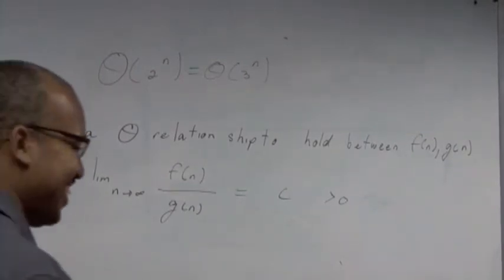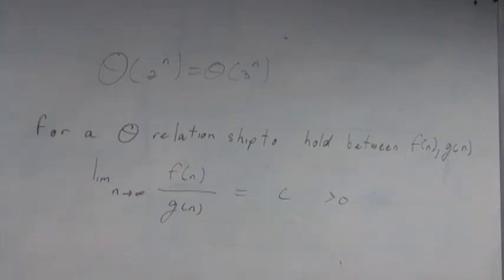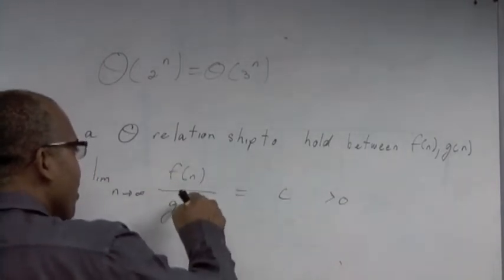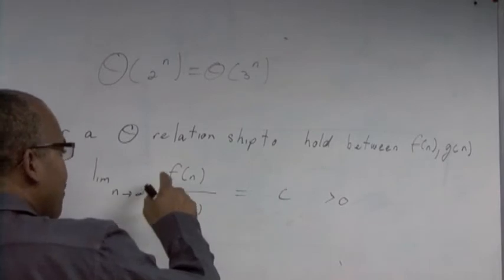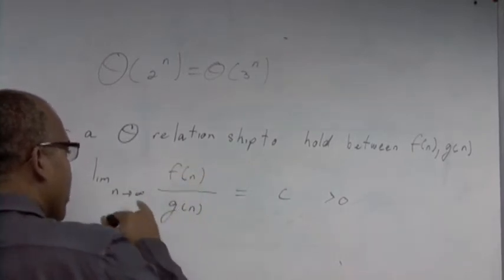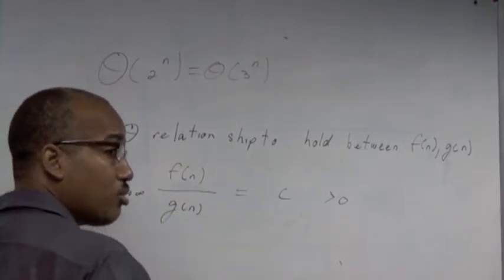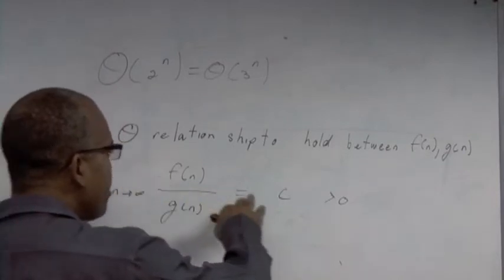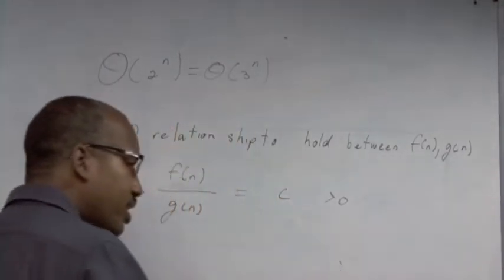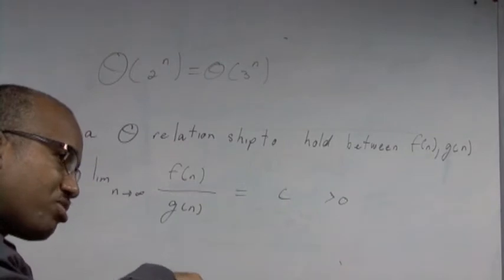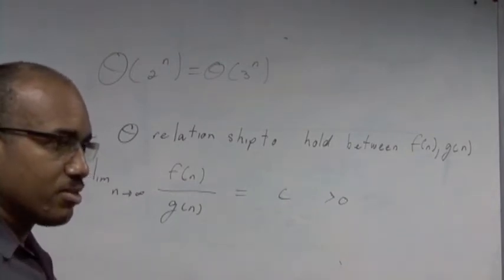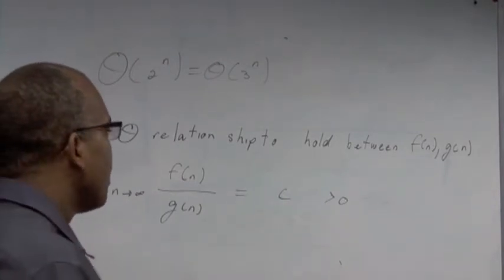Okay. Alright. So by checking this ratio, limit of f of n upon g of n as n approaches infinity, we can learn a lot. If that limit is a constant, then we know that those two pretty much grow at the same rate. One doesn't really overtake the other.